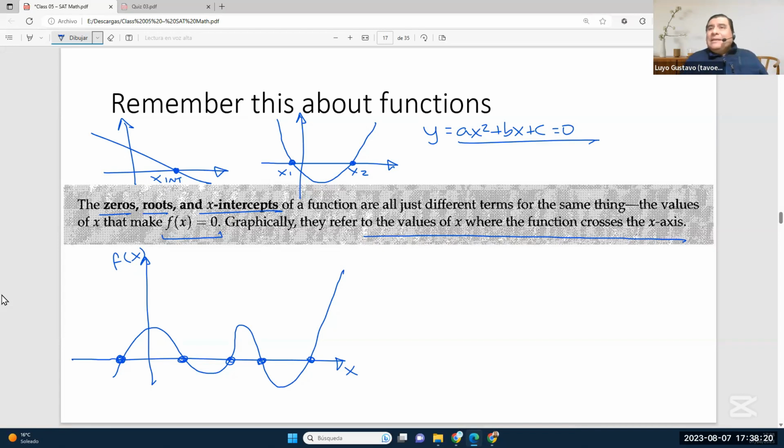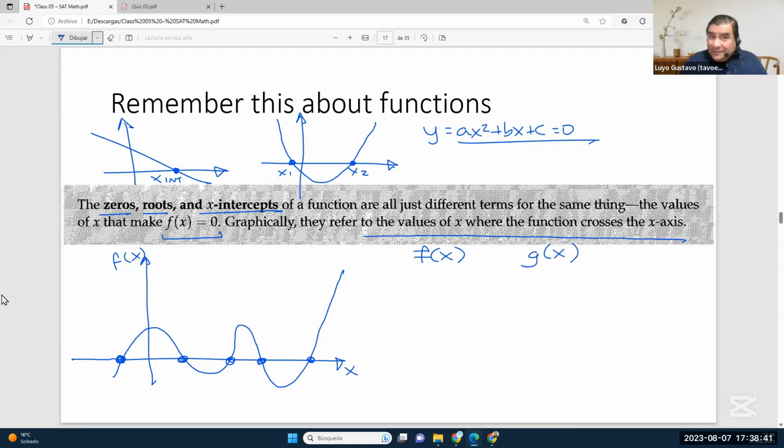But actually, this comes from a concept which is wider or broader. How do we understand this? They tell me, okay, I have a curve that is this, f of x, and I have another curve that is g of x.